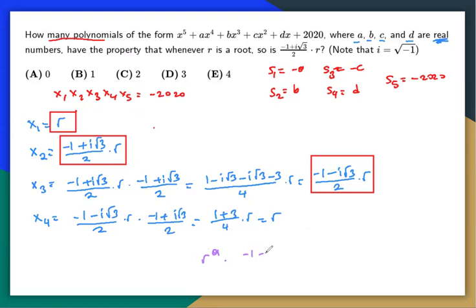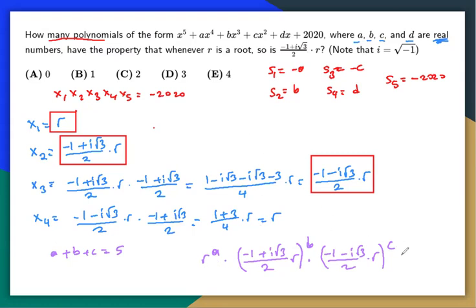And then negative 1 plus i root 3 over 2 times R, and then times negative 1 minus i root 3 over 2 times R. Again, this is a solution, and I don't know how many times this is going to repeat, so I'm going to call that B. And this is going to repeat some number of times, that's C. So the sum A plus B plus C should be 5 because the degree is 5. And that is what we should look for.